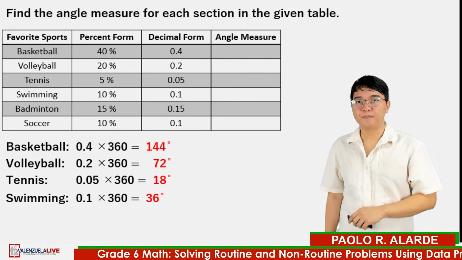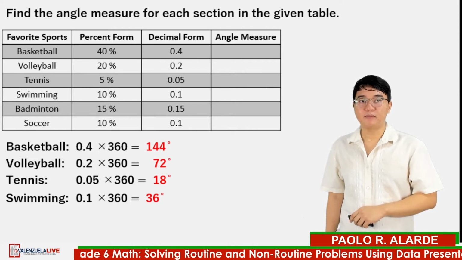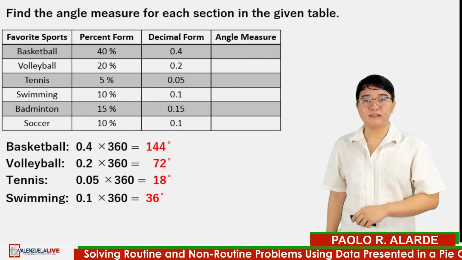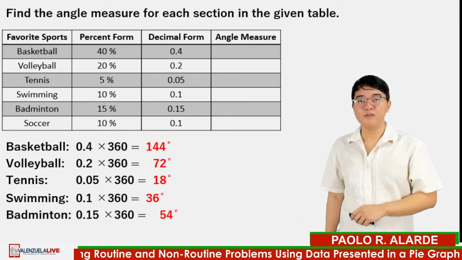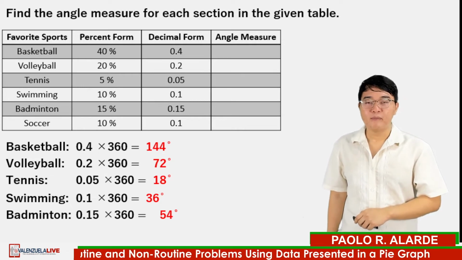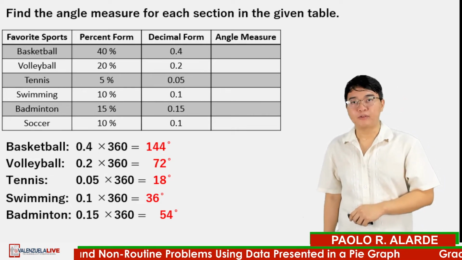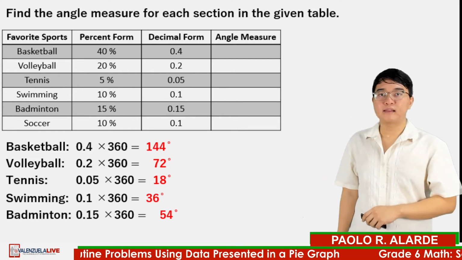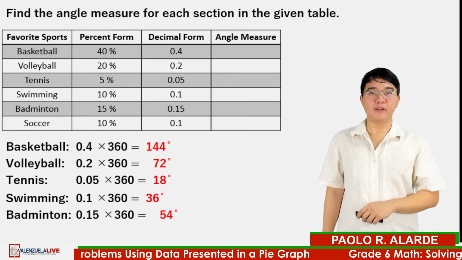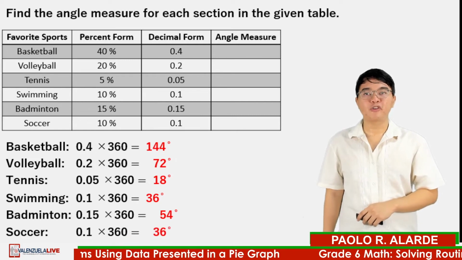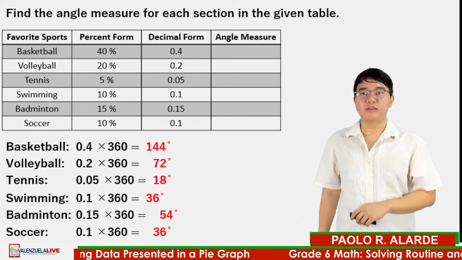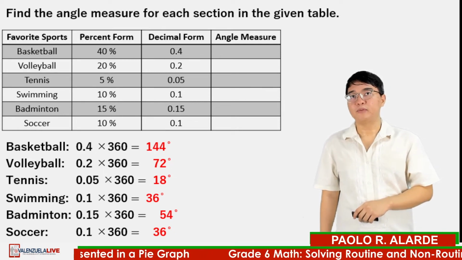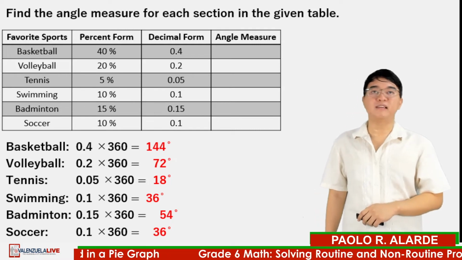For the swimming, we have 1/10 times 360 degrees equals 36 degrees. For the badminton, we have 15 hundredths, or 0.15, times 360, and the product is 54 degrees. And for the last sport, which is soccer, 1/10 times 360 degrees is 36 degrees.